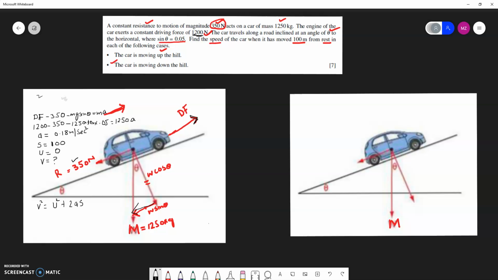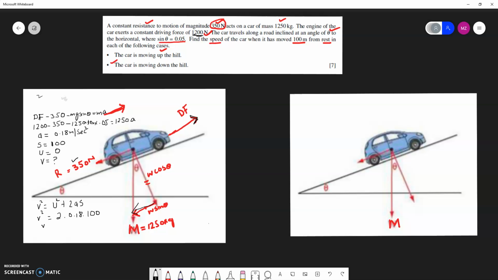We need to simply plug the values and find the answer. V square, now U is 0, therefore U square will also be 0, so 2 A, the value of A is 0.18 and distance is 100.